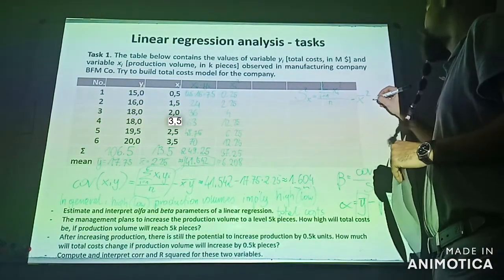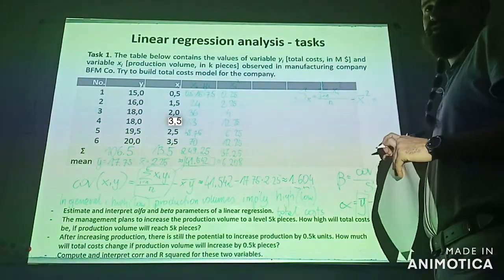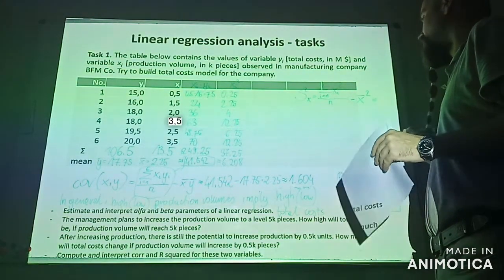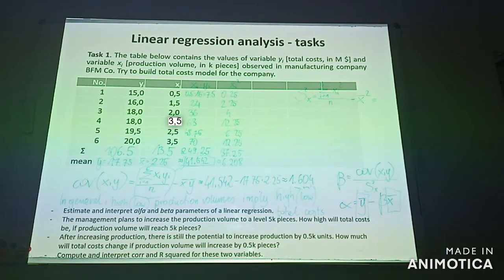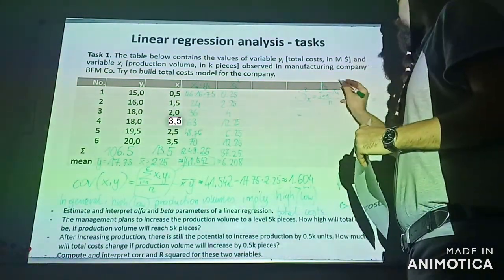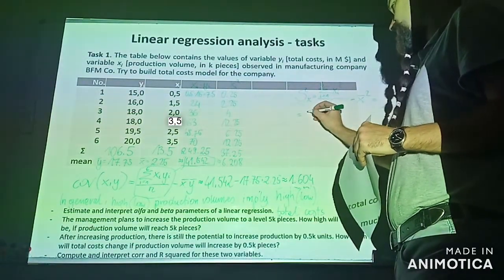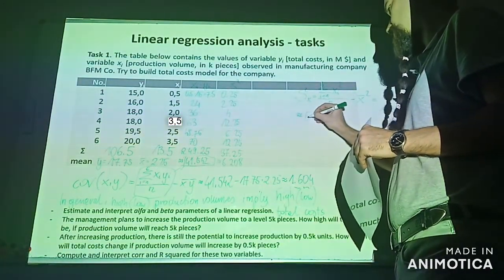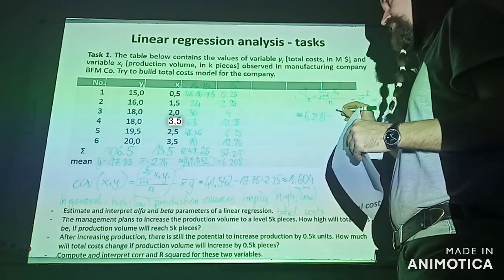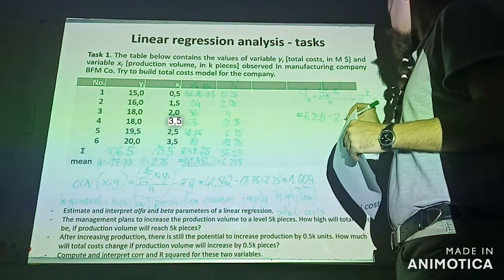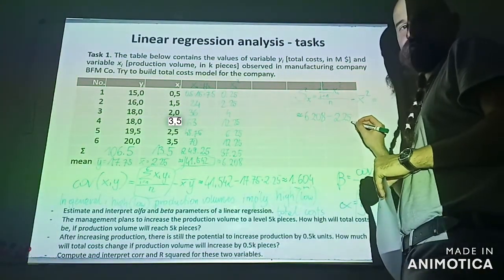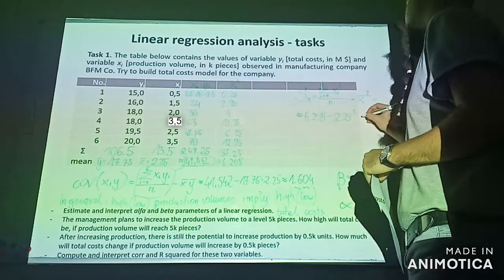Okay, and now we are able to compute the variance of x. The average square was around 6.208 minus 2.25 squared. This is the average production volume squared.